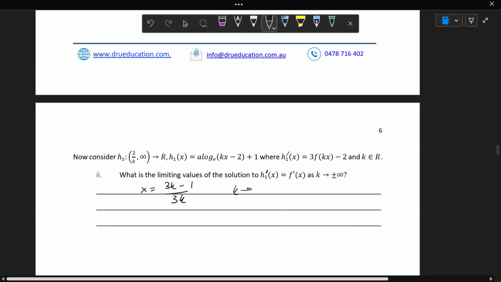So when k goes to positive infinity, you end up with infinity over infinity, which equals 1. And when k goes to negative infinity, it just ends up being negative infinity over negative infinity, which is again 1. So the limiting value here is just x equals 1.